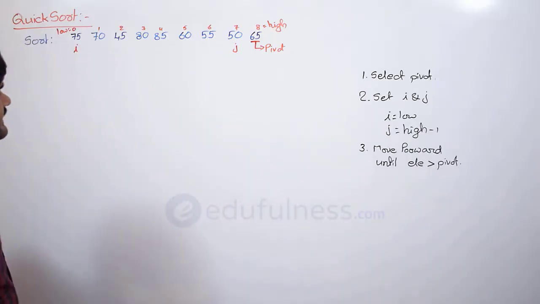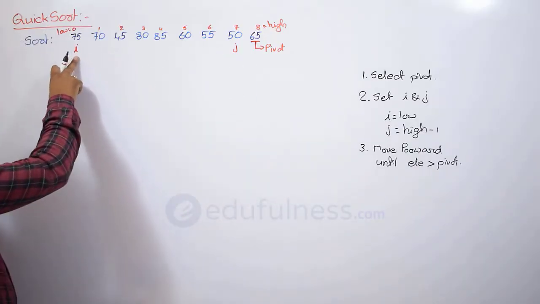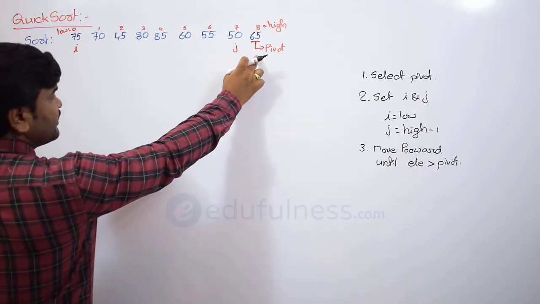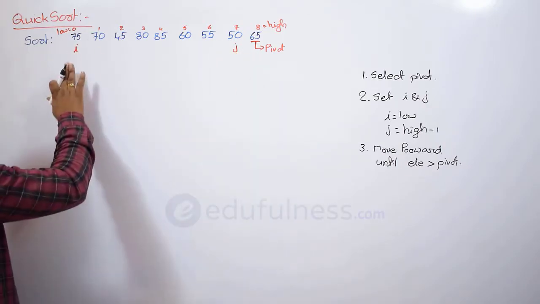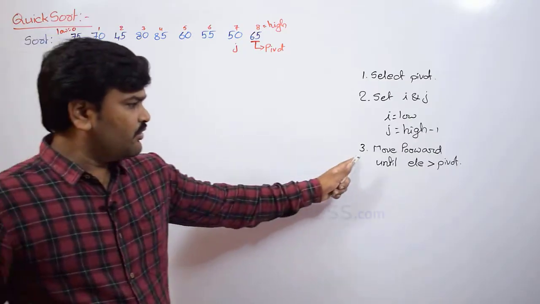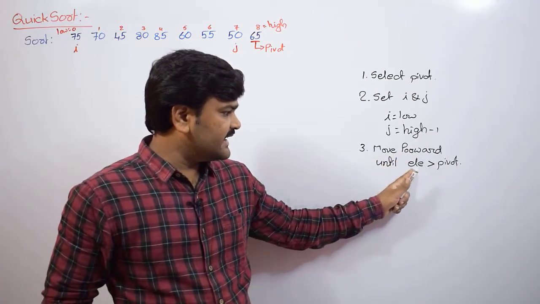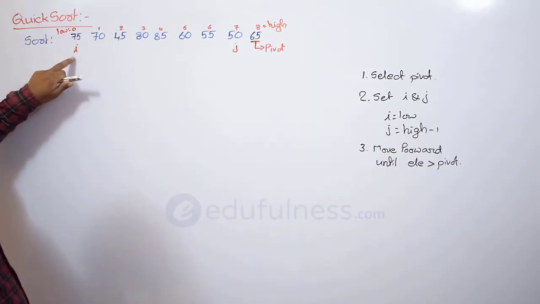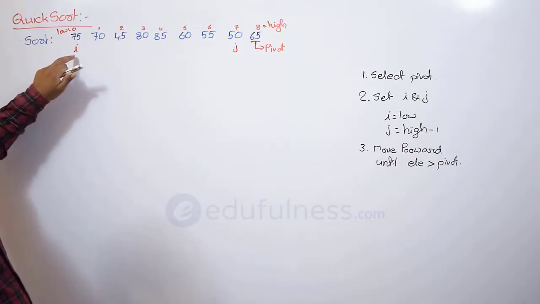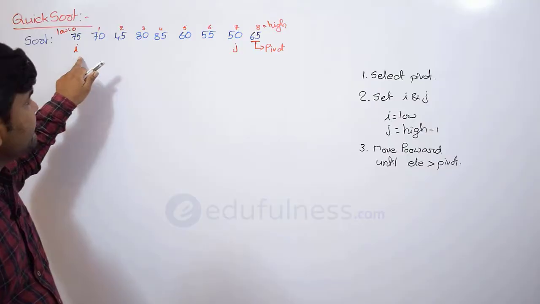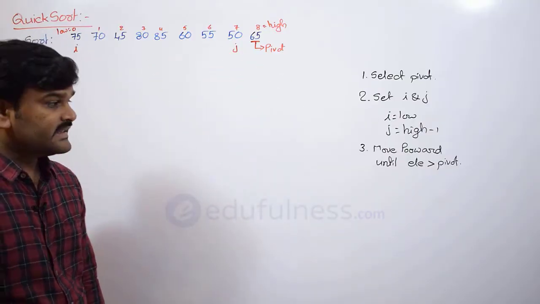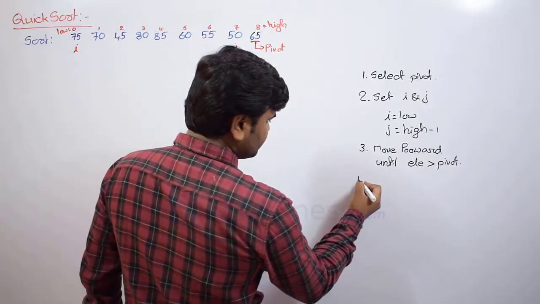So let us see here. You are at 75. 75 is greater than the pivot element, so we are going to stop. That is, move in the forward direction until the element is greater than the pivot. So we are at the ith index element, 75, which is greater than the pivot, so you stop.